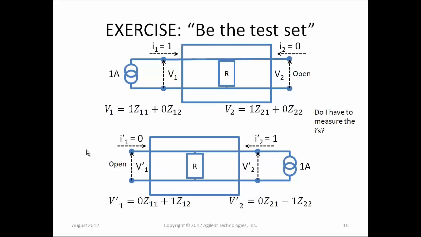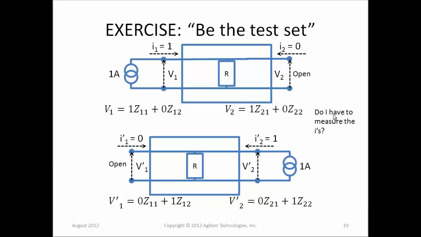So just to check your understanding so far, as an exercise, I want you to be the test set. Eric Bogatin always says be the signal. In this case, we're going to be the test set. I want you to imagine that our Z parameters consist of a shunt resistor of value R, and go through these equations and make sure you can solve for the Z parameters of a shunt resistor R. And when you're doing that, it's worth thinking about, did you have to measure the currents?